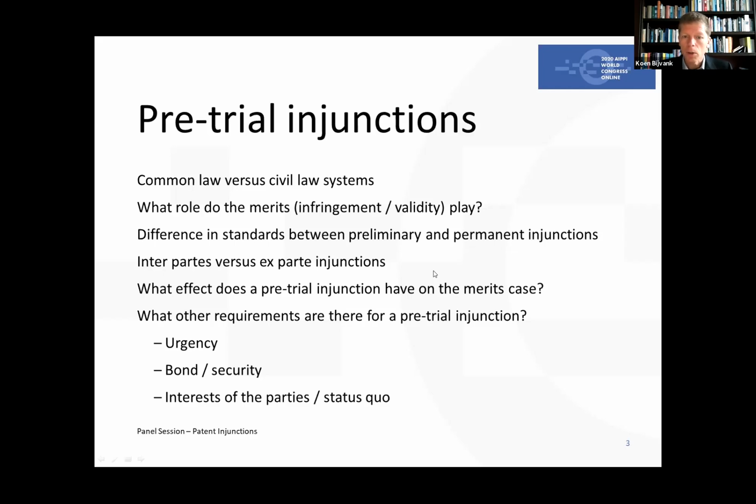So they use almost the tool of putting up a bond as something that they can use to take into account the public interest or other interests before they grant the injunction. Is that something that the courts do as well in the United States?